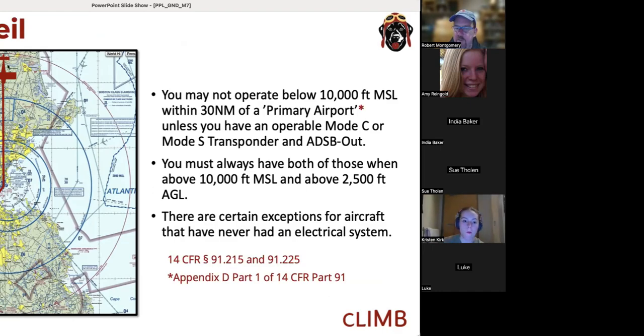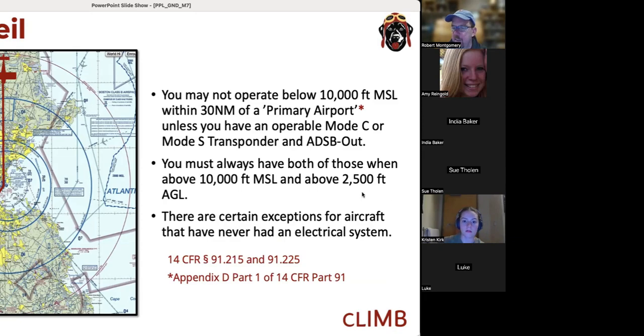We talked about the Mode C veil already, right? So it says if you're within 30 nautical miles of a primary airport and you are below 10,000 feet MSL, right, you're required to have an operable Mode C transponder and ADS-B out. People love to ask test questions about that, about the 10,000 feet MSL. It's the stupidest test question out there. Because if you're above 10,000 feet MSL, you're required to have a transponder and ADS-B out anyways, right?